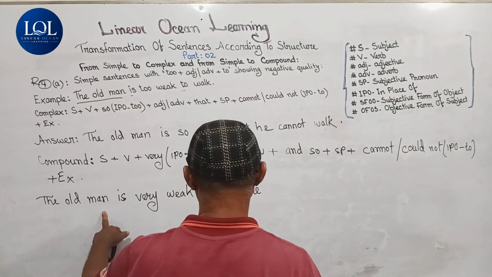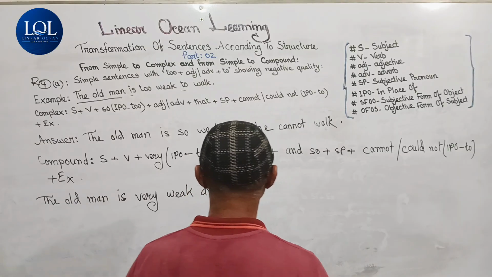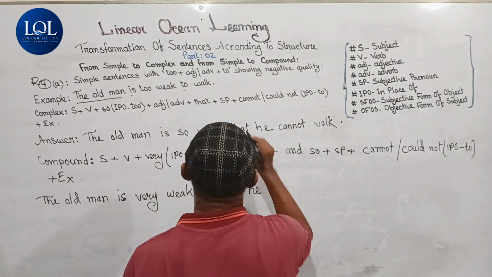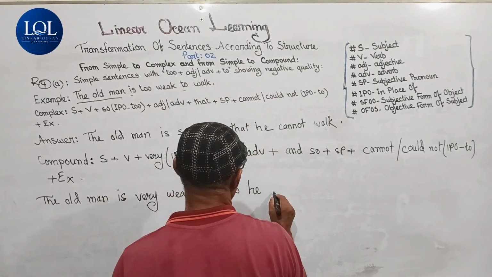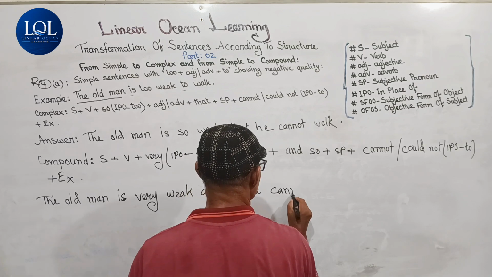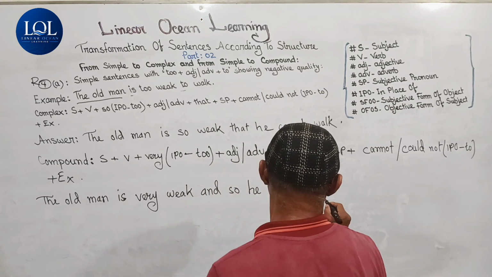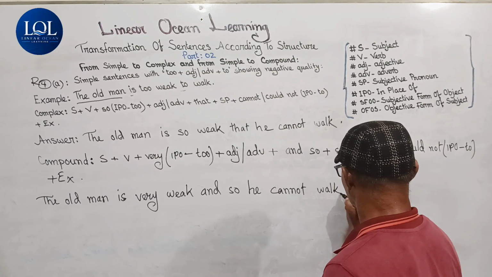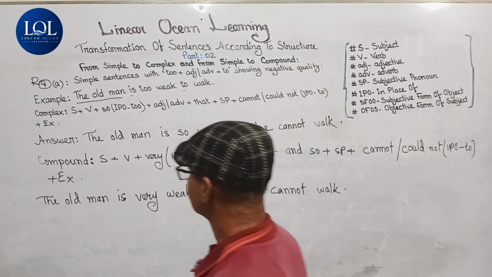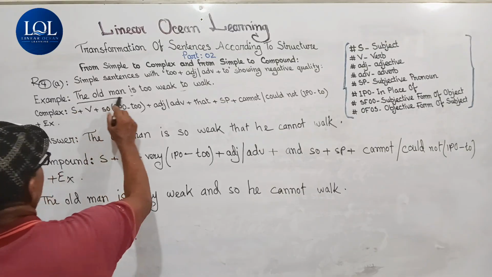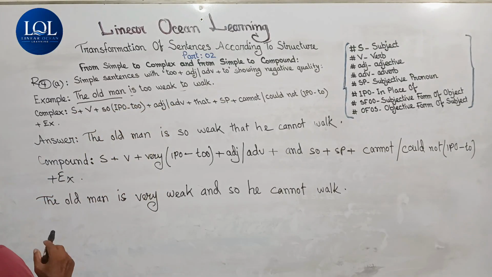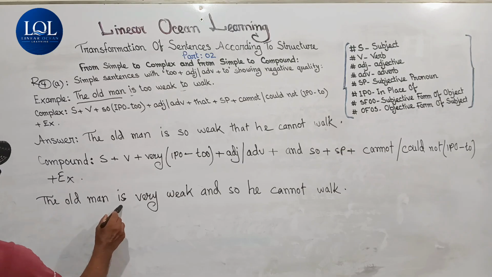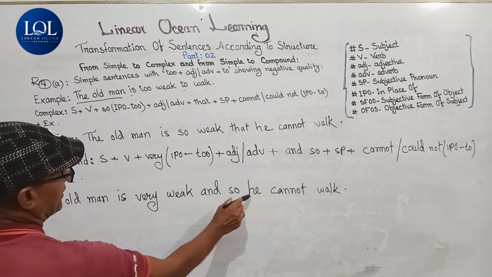Subject is the old man and its subjective pronoun is he, and so he, and in place of "to" we have to write "cannot". He cannot, then extension walk. The old man is too weak to walk and its compound one is: The old man is very weak and so he cannot walk.